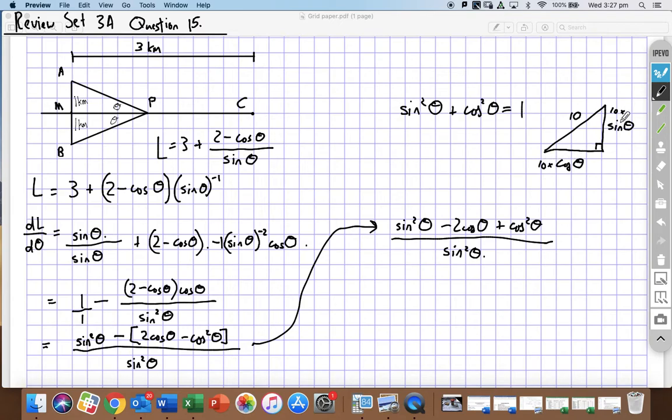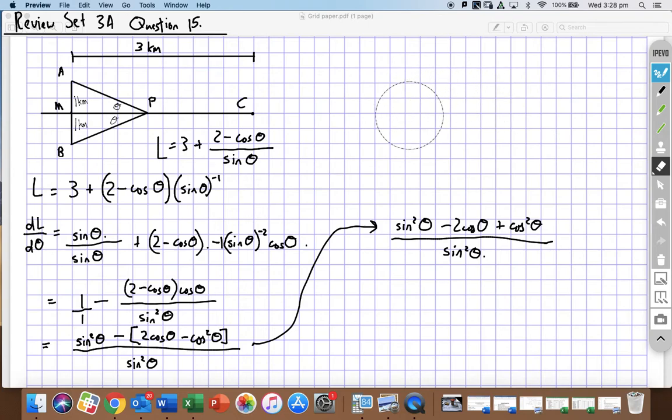And so when you come to do Pythagoras on this, those 10s will cancel out. So you can always say that sine squared plus cos squared will equal 1. But I think we've covered that one enough.